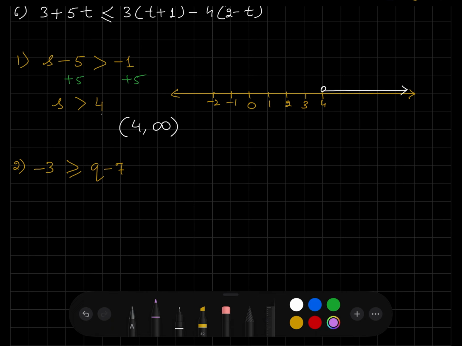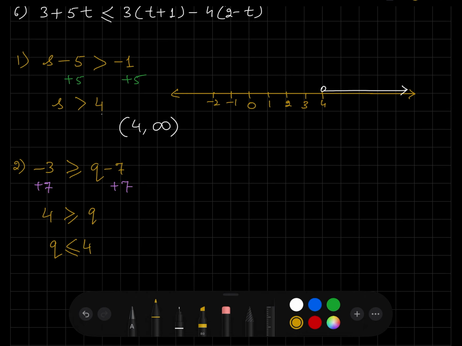I will make q alone, so plus 7 on both sides, and negative 3 plus 7 is positive 4. So 4 is greater than or equal to q, or we can write it as q is less than or equal to 4.